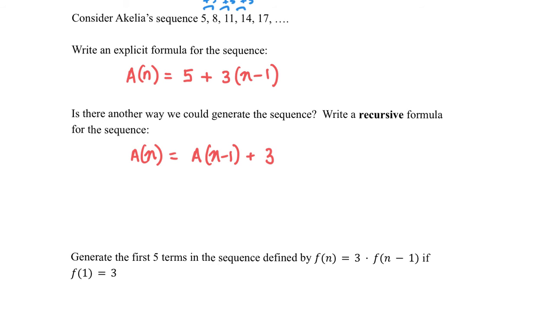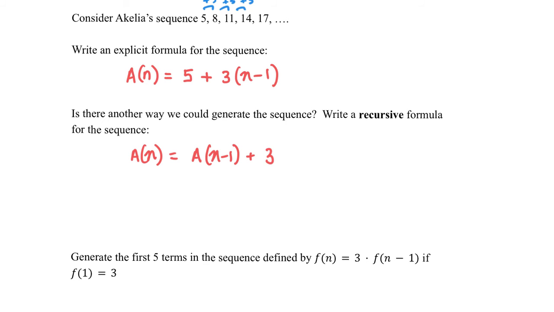So let's take a look at that a little bit closer. Say you want the 100th term. So n would be 100. You want the term before it, and you're going to add 3 to it. If n is 100, and A of n is the 100th term, then you would need the 99th term, which would be 100 minus 1. So this is the term before this one, and you add 3.